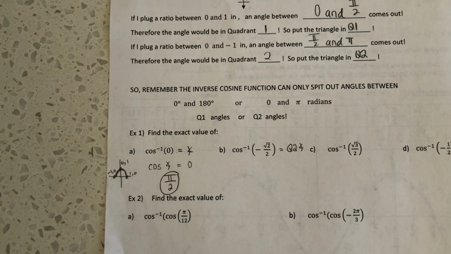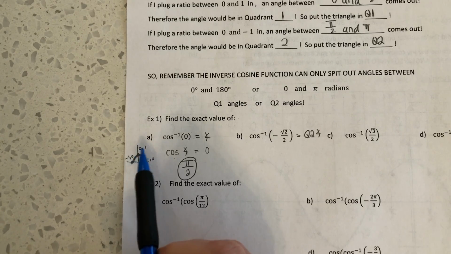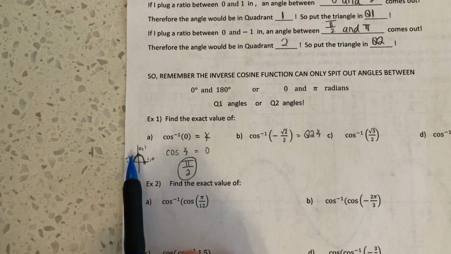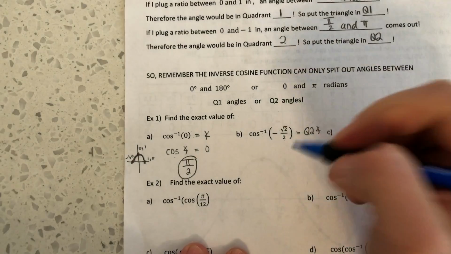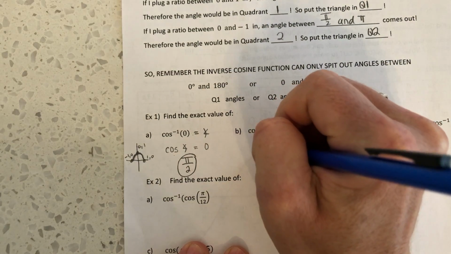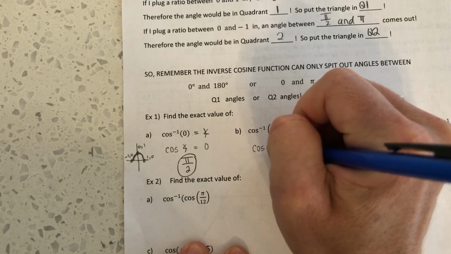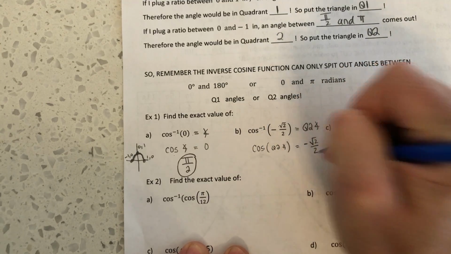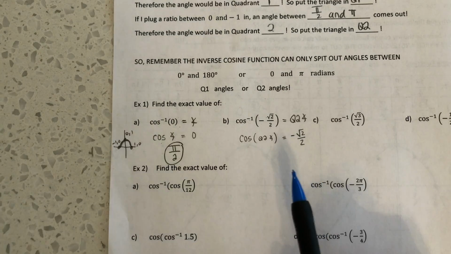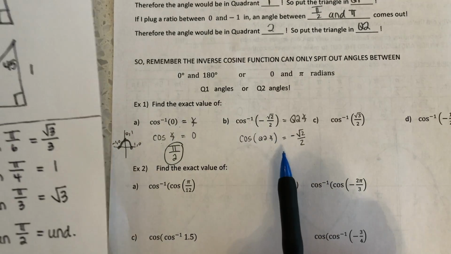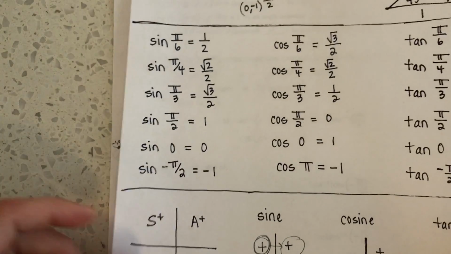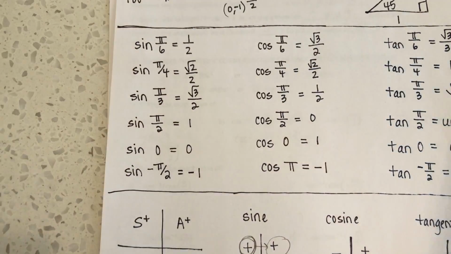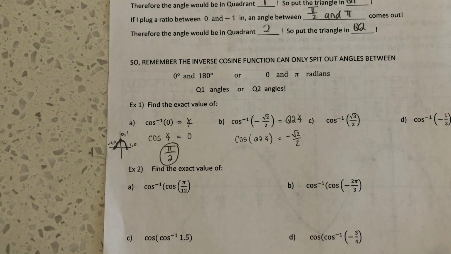Okay, so then I kind of turn it around. Remember, it can only spit out angles between 0 and pi, quadrant 1 or quadrant 2 angles. So what quadrant 2 angle makes this statement true? So I turn it around into the cosine of what quadrant 2 angle equaled a ratio of negative root 2 over 2. Well, again, the cosine of what special angle had a ratio of root 2 over 2? It's a pi over 4, right? So I know it's some version of pi over 4.